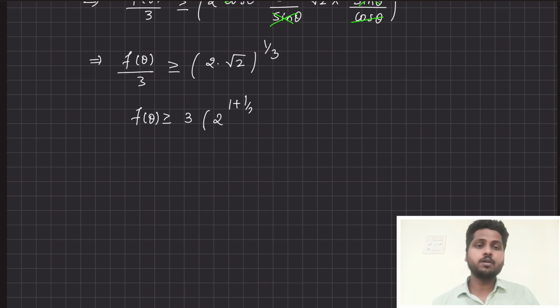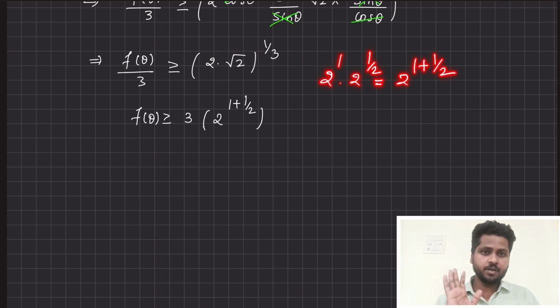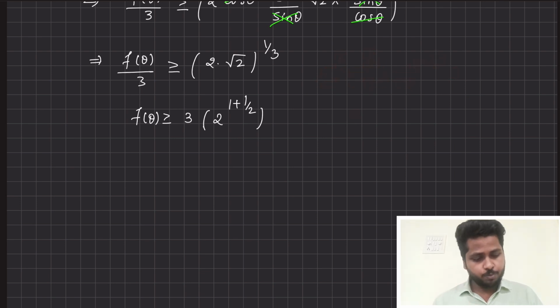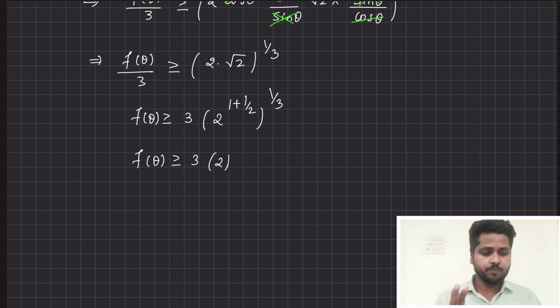Root of 2 is basically 2 raised to 1 by 2, and 2 raised to 1 into 2 raised to 1 by 2 is equal to 2 raised to 1 plus 1 by 2. Understanding? Okay, so I hope everyone is getting this part. Now what I can write is f of theta is more than or equal to 3 times 2 raised to, 2 plus 1 is what? 3.